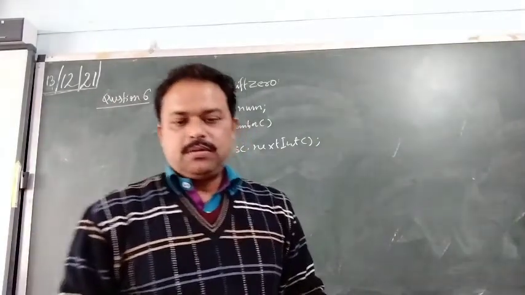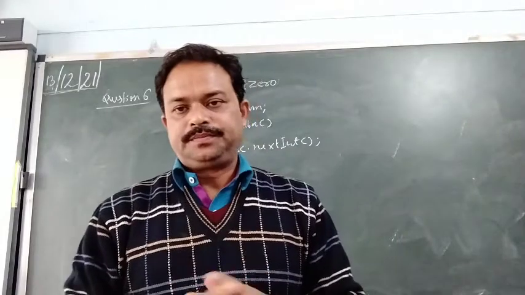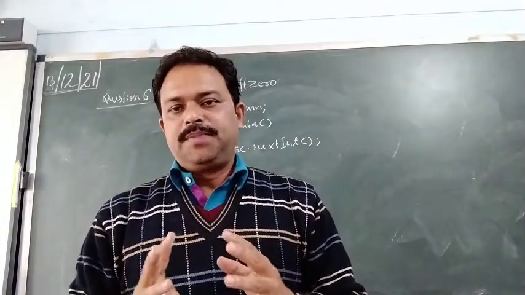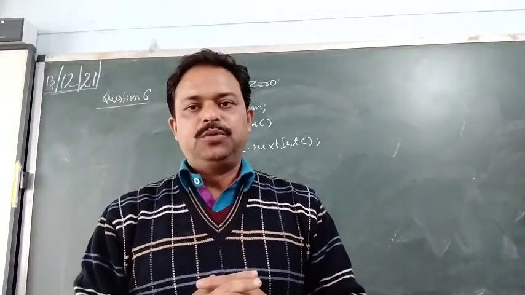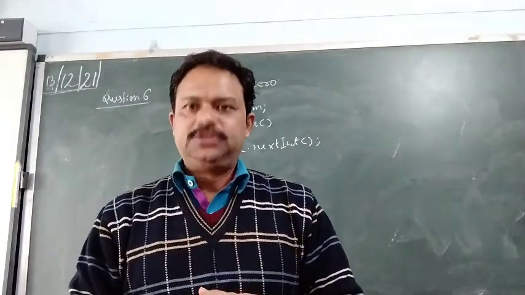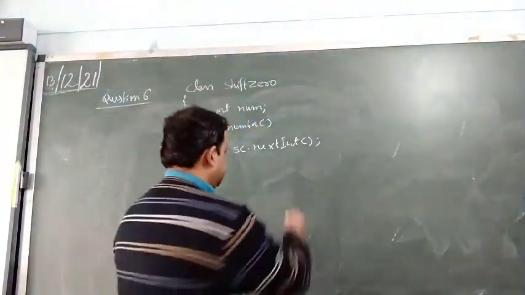How will you check whether a number has 0 or not? Logic may differ, but a simple logic I am telling you: just do the multiplication of all the digits.